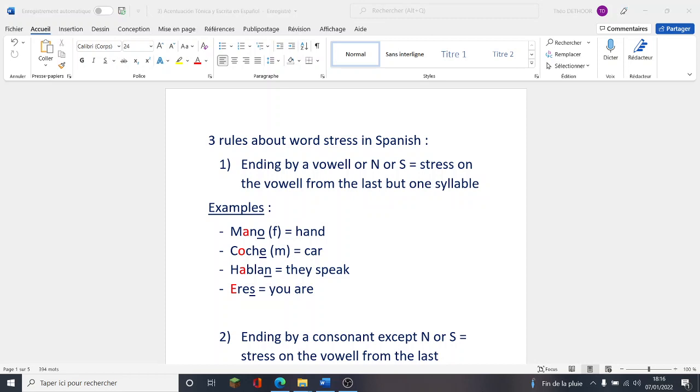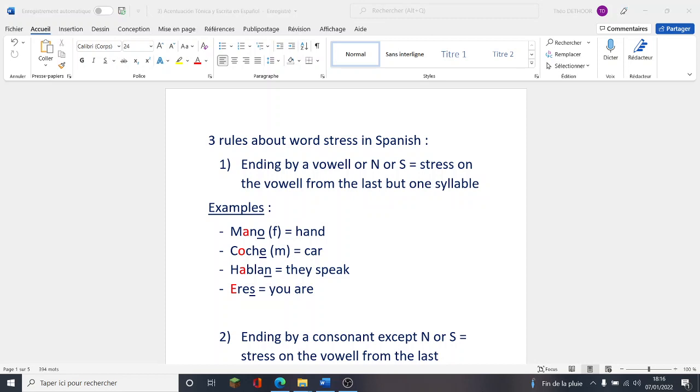So you need to count starting from the end, and it's not the last one but the one before. So here you have examples of words ending in vowel, N or S and their pronunciation.